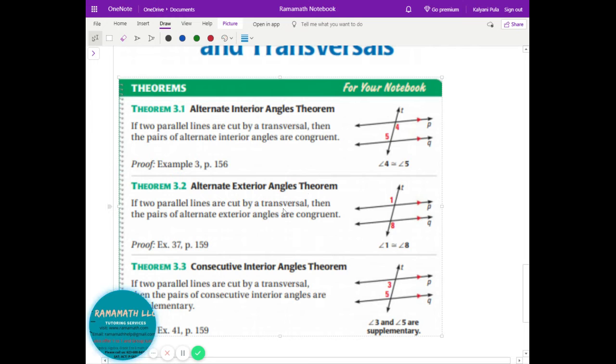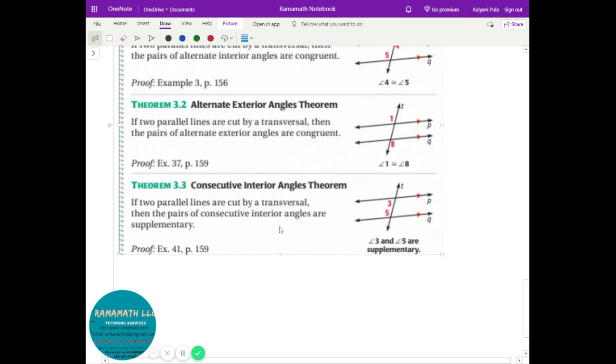Okay? And then alternate exterior angles: if the two lines are cut by a transversal, the alternate exteriors are equal, like 1 and 8 are equal. And then consecutive interior angles: let's say I have two parallel lines cut by a transversal, then their consecutive interior angles are supplementary.